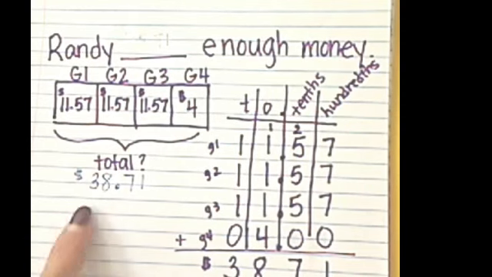So, how much money does Randy have? Well, the problem tells us. Look in the problem and see if you can find out how much money Randy has. Can you type it in? How much money does Randy have? Do you see it in the problem?